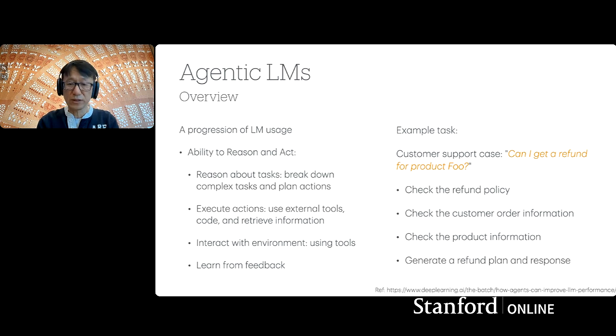The same goes for the product, so that it can collect more information and finally draw the conclusion based on the policy, the product information, as well as the customer order information. Then it sends a request to the follow-up system as an API call, as well as preparing a response draft, which will be handled by a final approver.